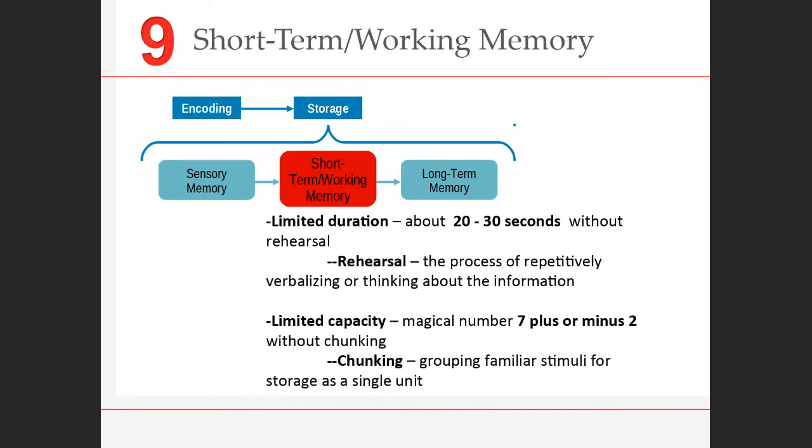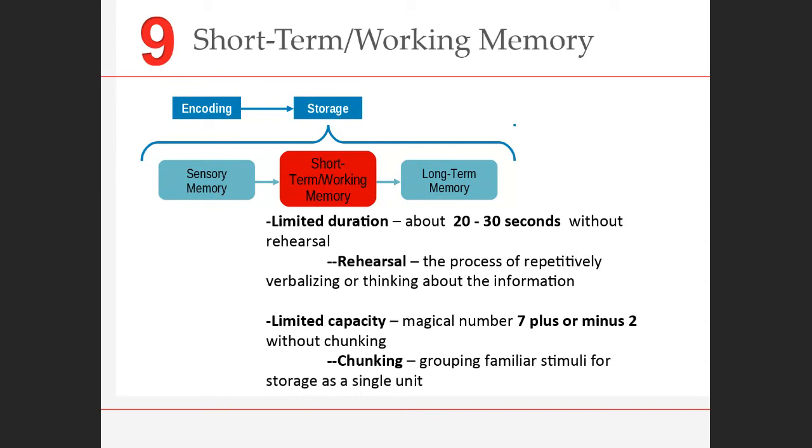Okay, so I'm going to assume we've encoded the memory from sensory to short-term. Short-term memory is limited in duration to about only 20 to 30 seconds unless we rehearse it. That's when we repeat it over to ourselves, or verbalize, or think about the information, and then it's moved into long-term.